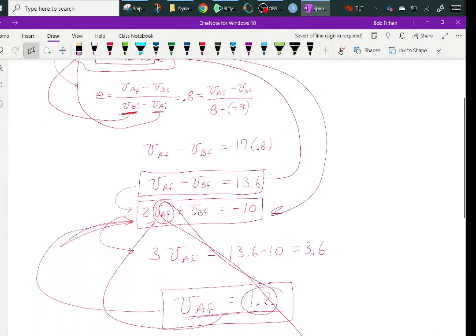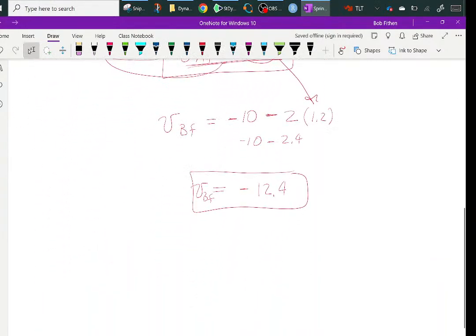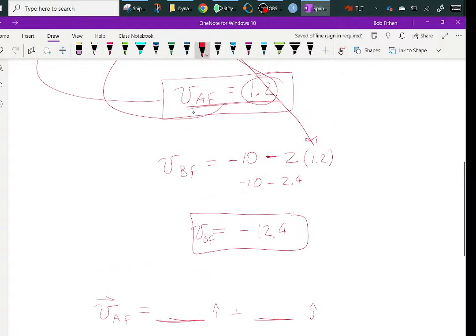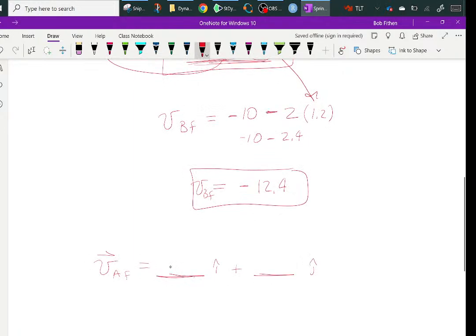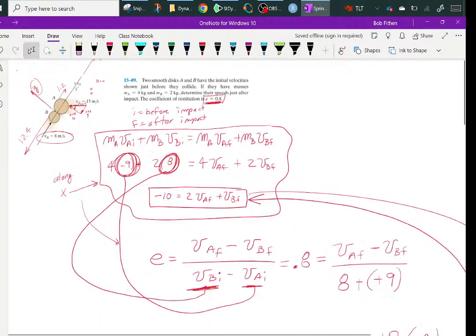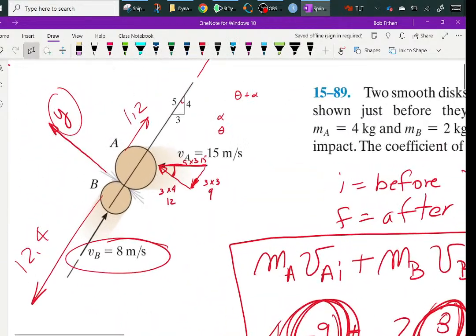Let me organize my thoughts here for a second. If I were to list these, VA final as a vector, I'm going to have a component in the I and a component in the J. Looking at A, I see 1.2. That is only along the line of impact.